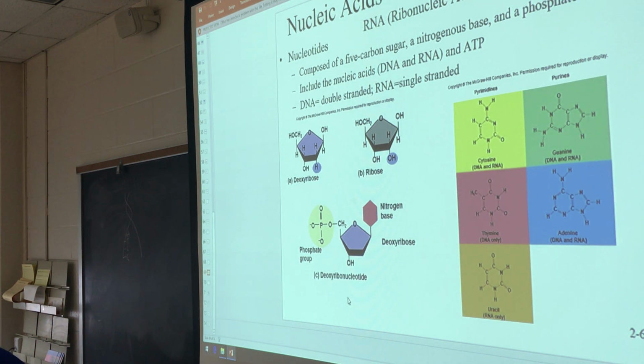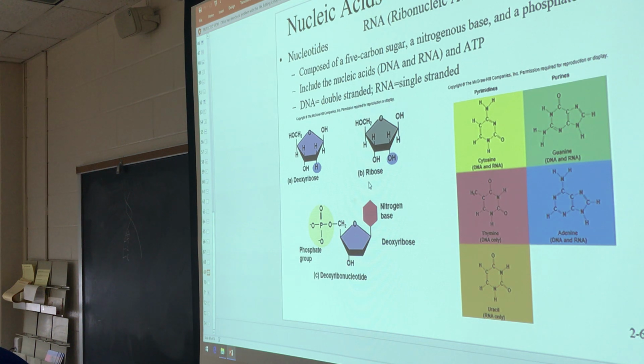That's what gives our nucleic acid its specificity. All nucleic acids have this core of a sugar and phosphate. What makes one nucleic acid different from the next is the base that sticks out of it.